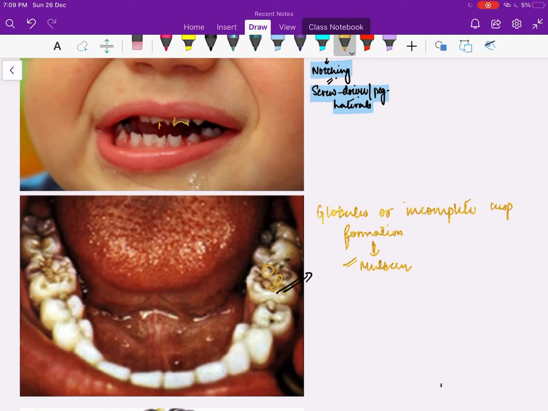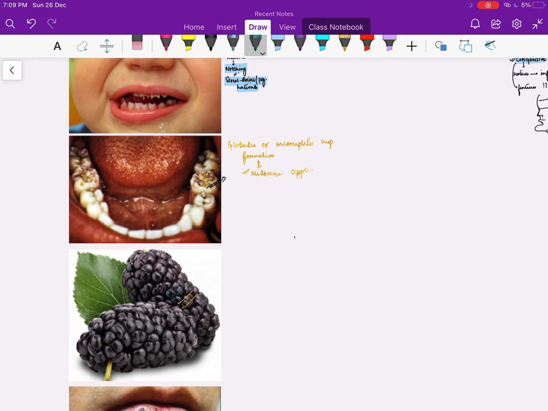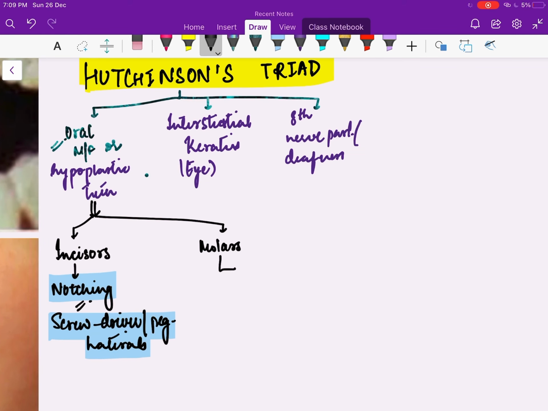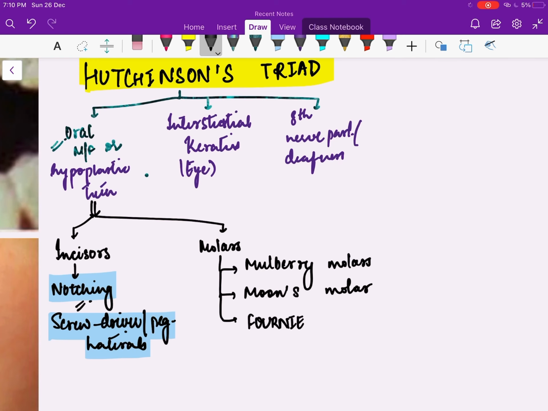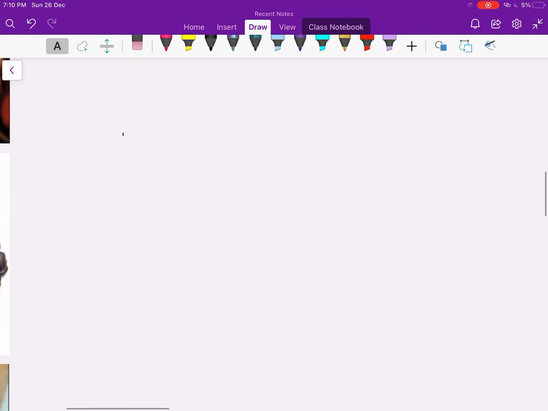Enamel is not fully formed. This gives the appearance of a mulberry fruit. So the molars are also called mulberry molars, Moon's molars, and Fournier's molars. Together they are called Hutchinson's teeth or Hutchinson's Beck teeth.